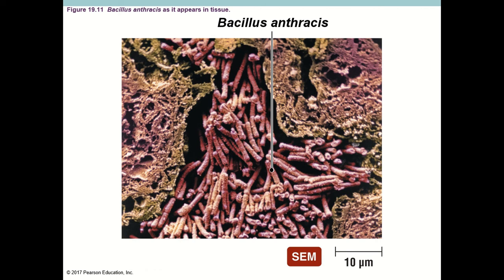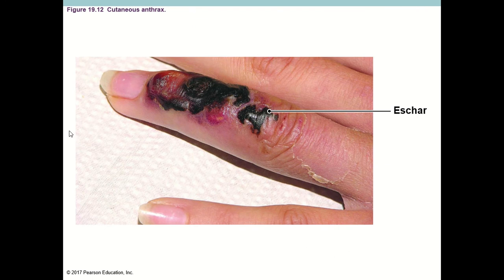So any type of injury, any open wound that becomes exposed to the endospores of Bacillus anthracis would basically inoculate and make you sick. And last but not least is ingestion, so by eating these endospores.